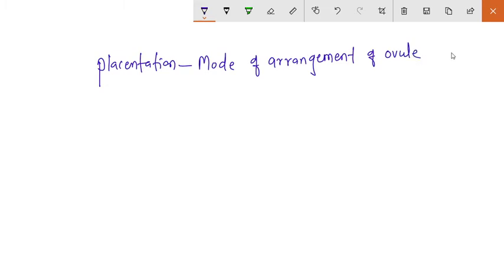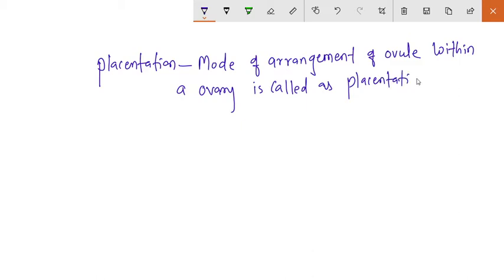The mode of arrangement of ovules within an ovary is called the placentation.